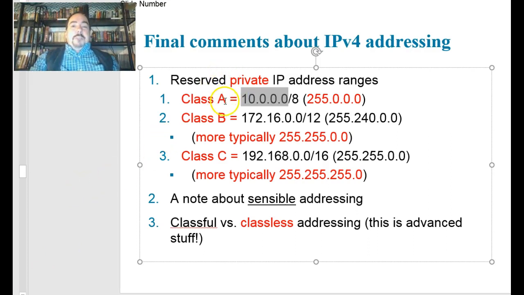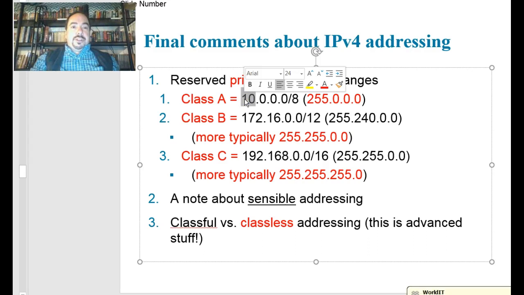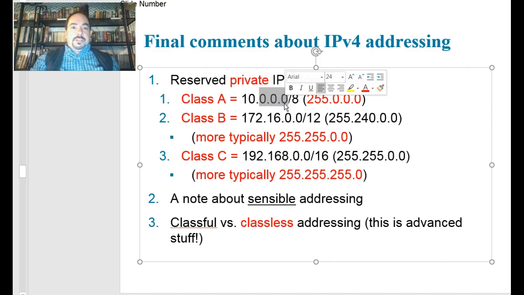A Class A private IP address range means you have 8 bits for the network, and the only range you can use is the decimal number 10. That's reserved for private address space, which means you're never going to conflict with anything on the internet as long as you use a 10net /8, which means you've got 3 octets to use for your private address space, which gives you the most flexibility.